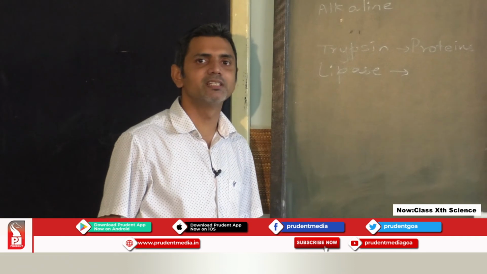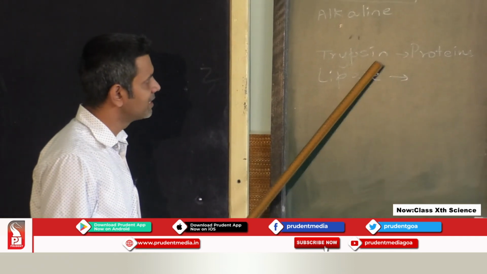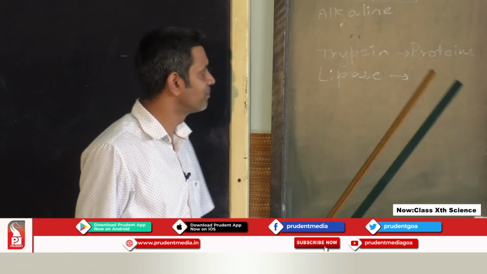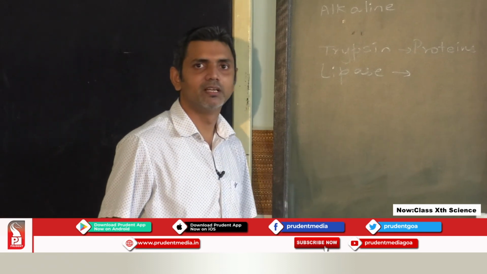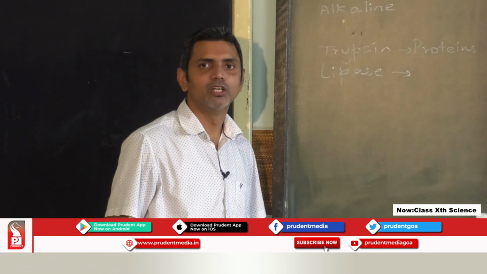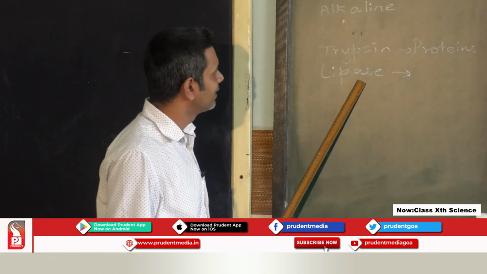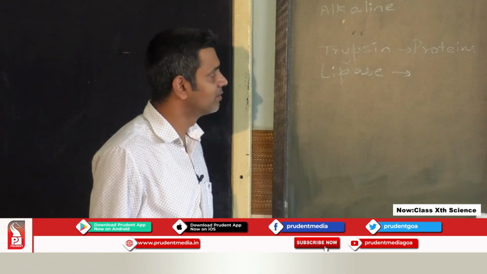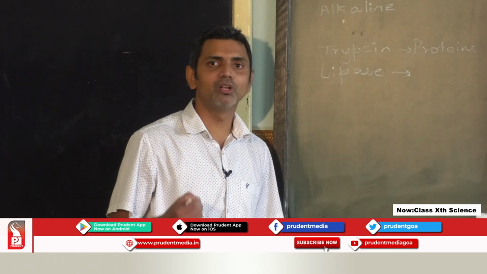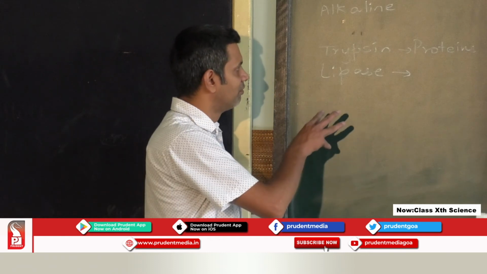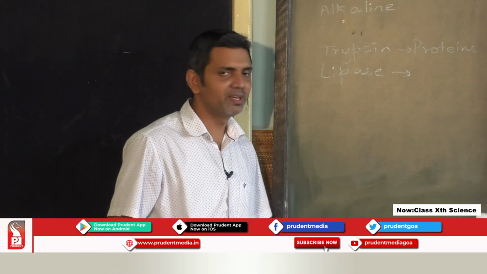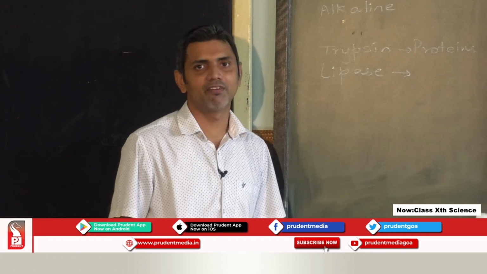Pepsin digests proteins in the stomach, trypsin digests proteins in the small intestine. Lipase, what does lipase do? It also performs a function. Lipase breaks down the small globules of fats. So the function of lipase is that lipase breaks down the emulsified fats.